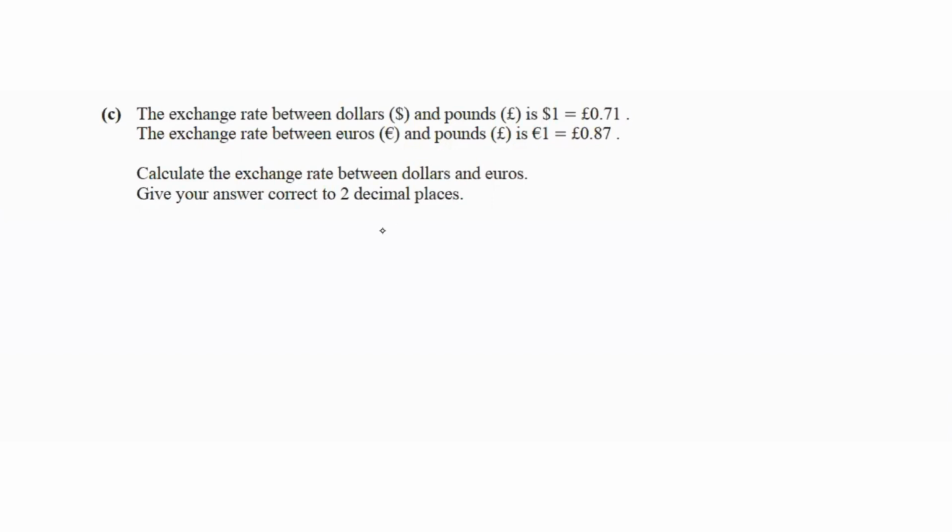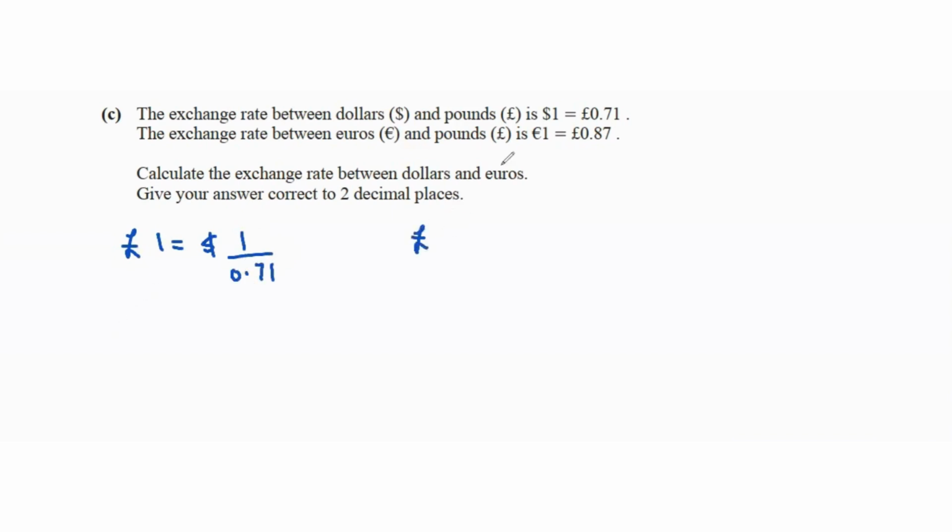So what we're going to do is find the value of 1 pound in dollars and euros. 1 pound would equal 1 over 0.71 dollars.